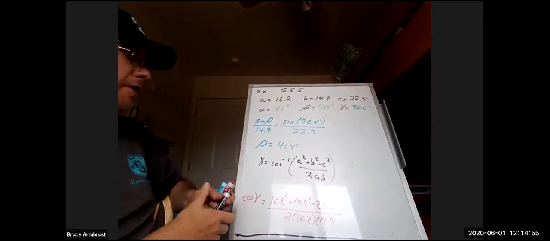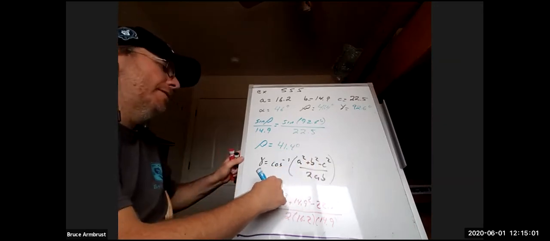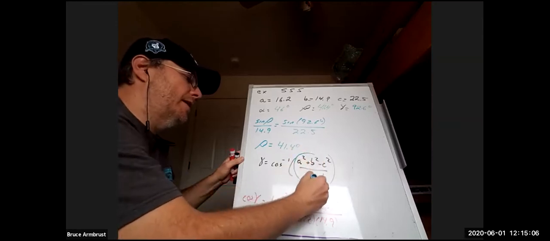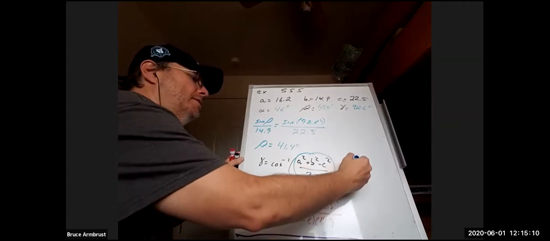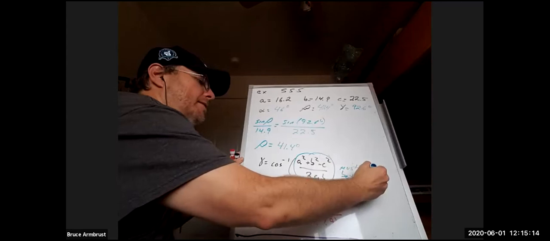And there are going to be circumstances where we have to worry about the number in here being between plus and minus 1. So whatever this equals, it must be between plus and minus 1.